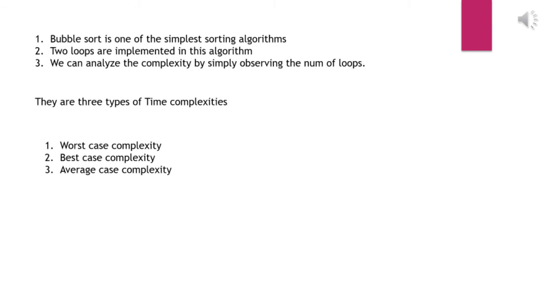Bubble sort is one of the simplest sorting algorithms. Two loops are implemented in this algorithm. We can analyze the complexity by simply observing the number of loops. There are three types of time complexities: worst case complexity, best case complexity, and average case complexity.